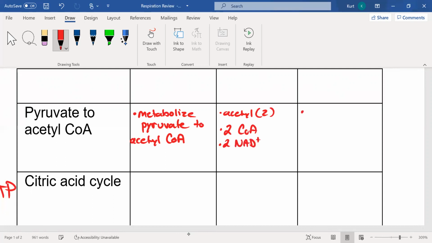The outputs are going to be 2 acetyl coenzyme A's, 2 NADHs, and 2 CO2s.